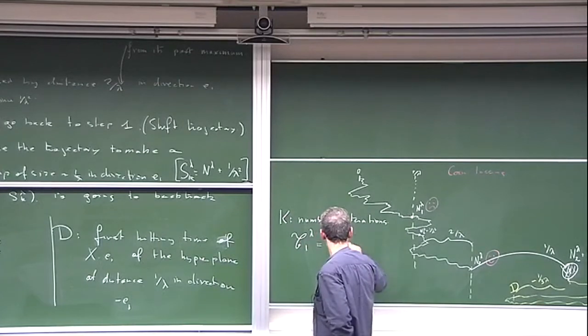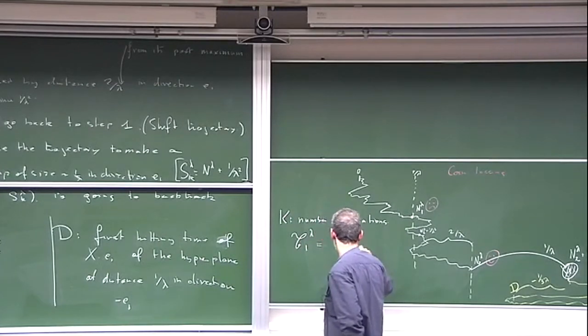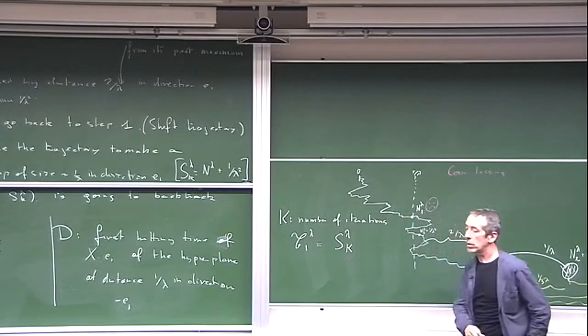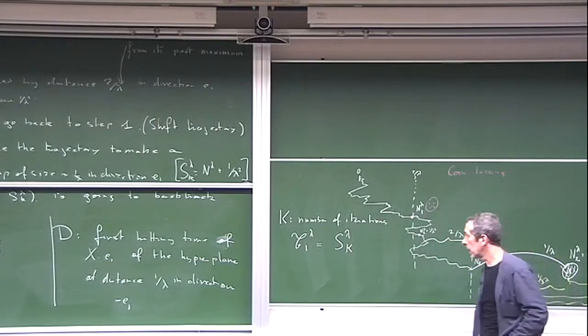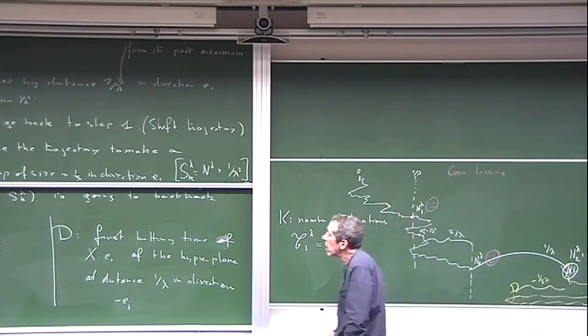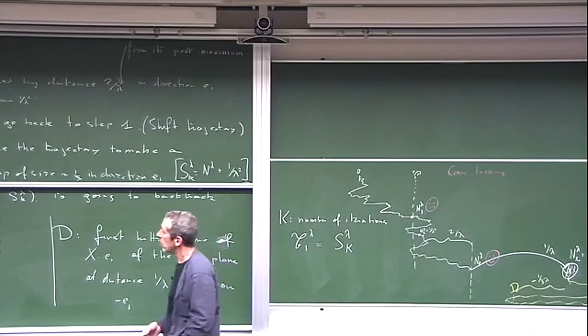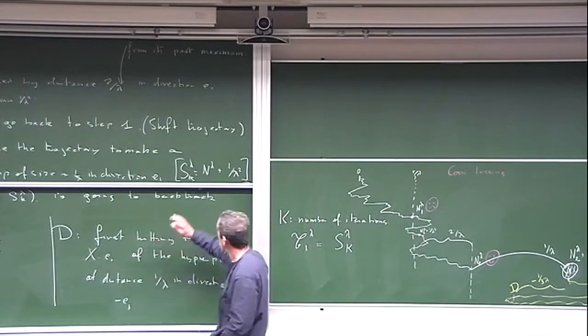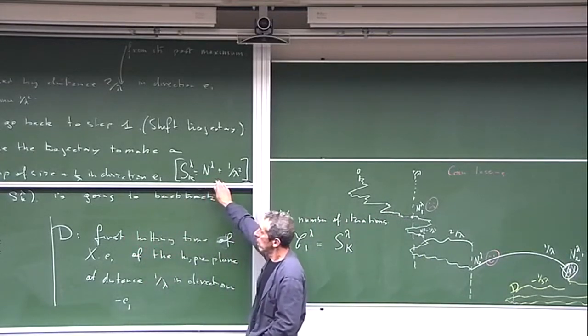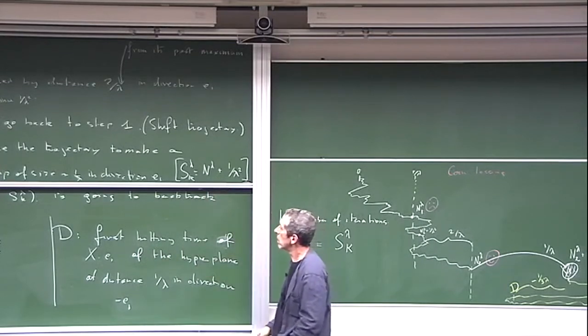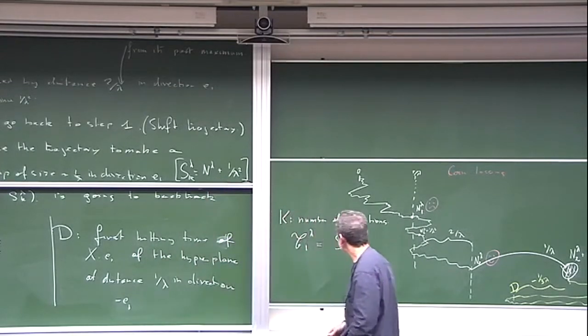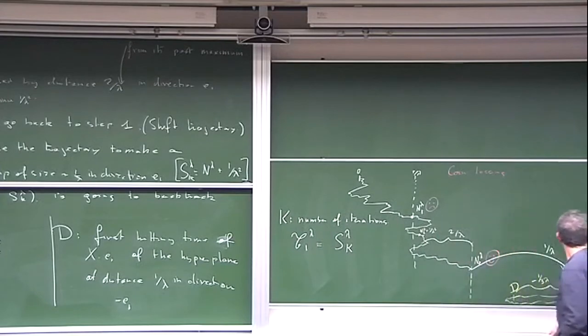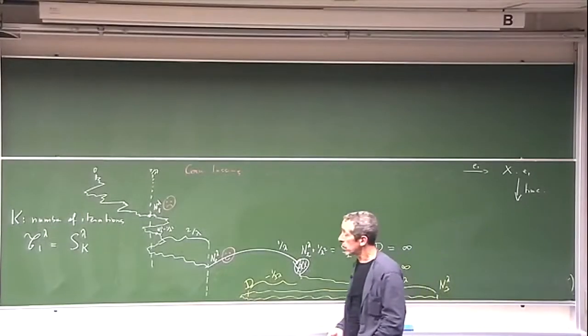So this big K is random, and it will be the time for which tau 1 lambda equals S lambda K. So this is actually the number of times you iterate this step 2 with a success. And that defines the first regeneration time.